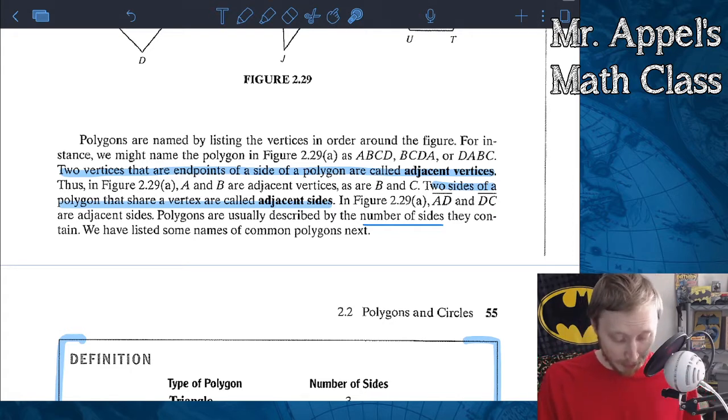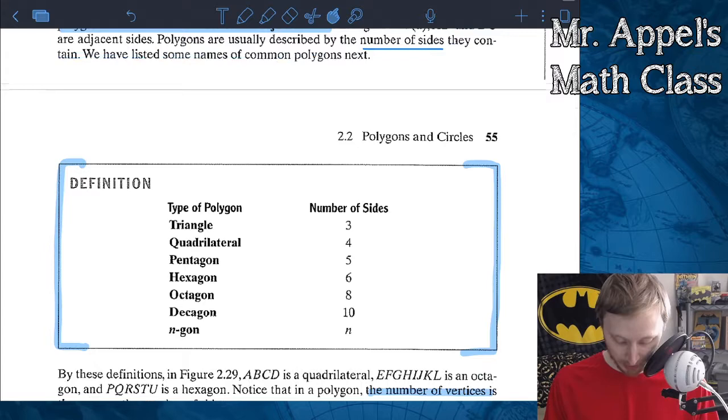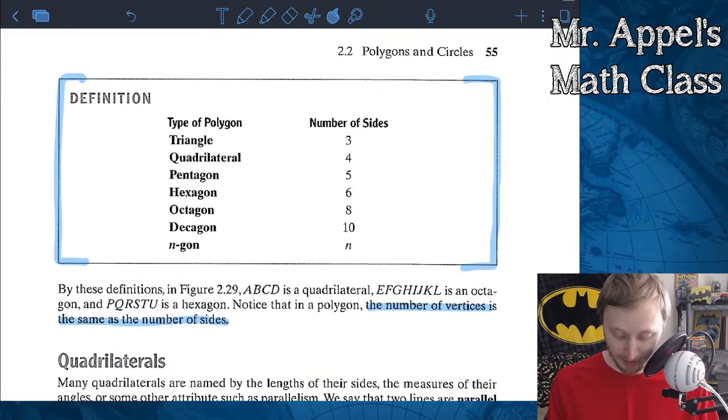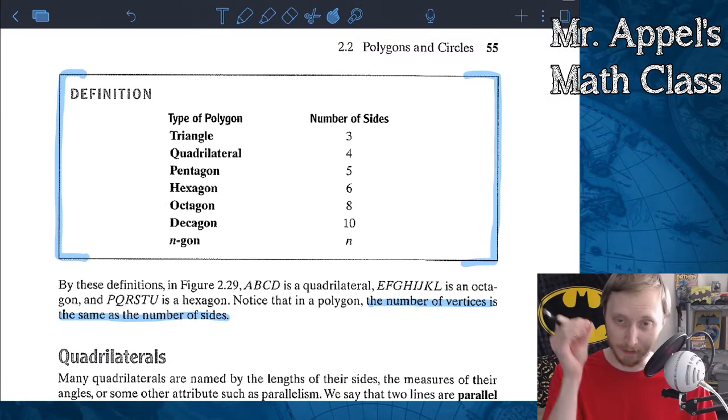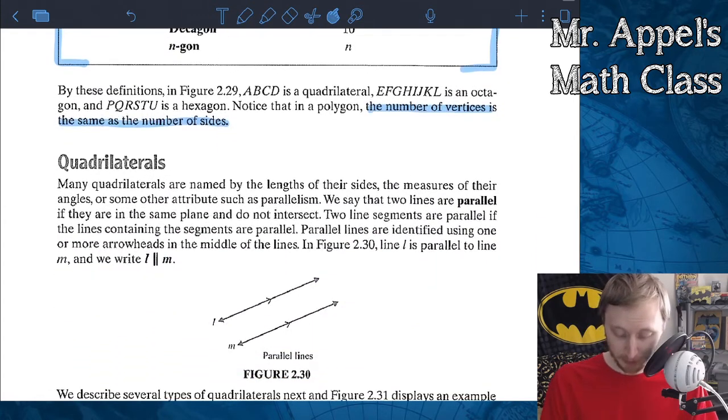So polygon means multiple angles. So the term originally counted the number of angles, the vertices, the corners, not the number of sides. A little bit of extra trivia for you.